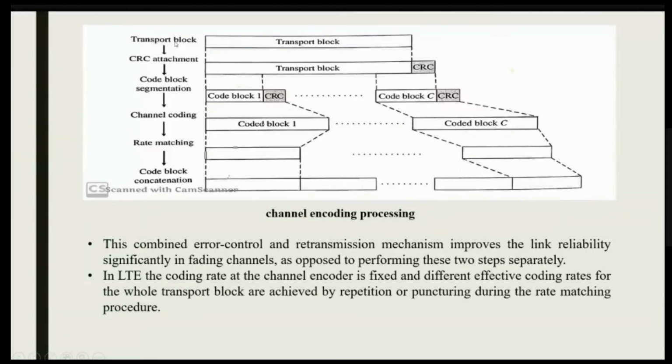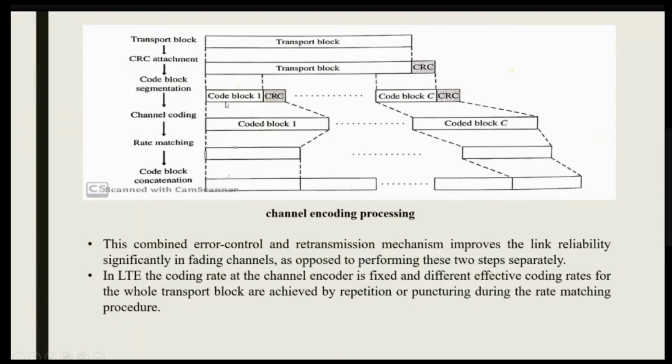Can you see here, the transport block is subjected to the CRC attachment. For the transport block, the cyclic redundancy check code bits are added. Then code block segmentation takes place. The entire transport block is divided into a number of code blocks named code block 1 along with the CRC, code block 2, up to code block C along with the CRC.